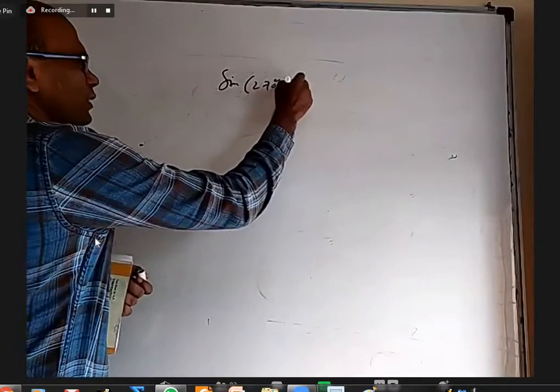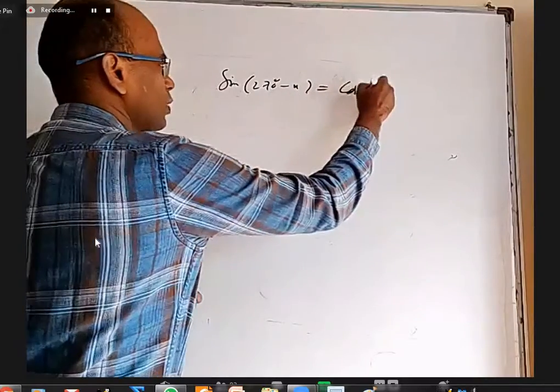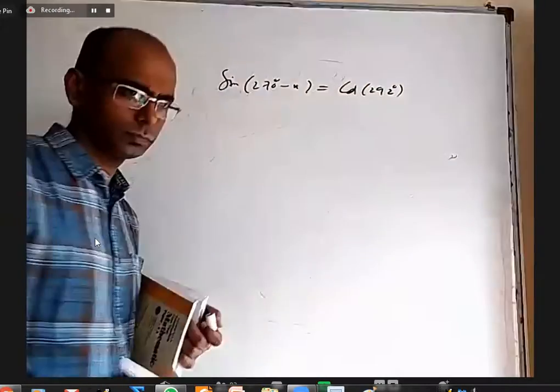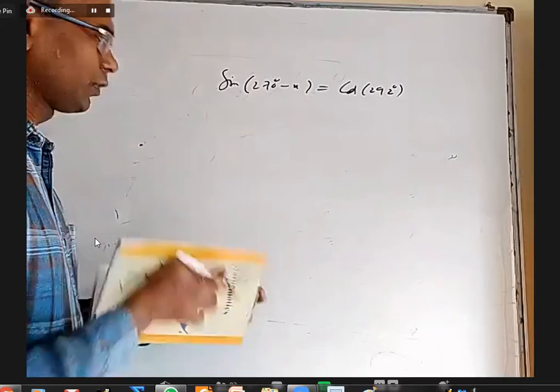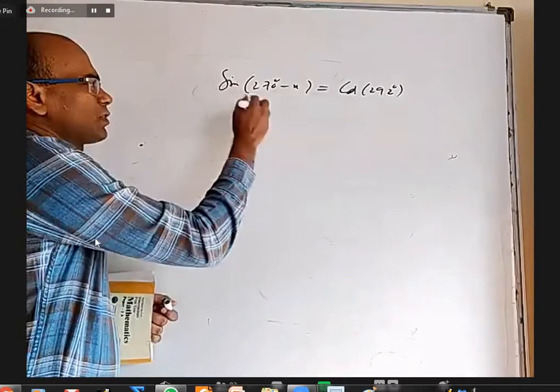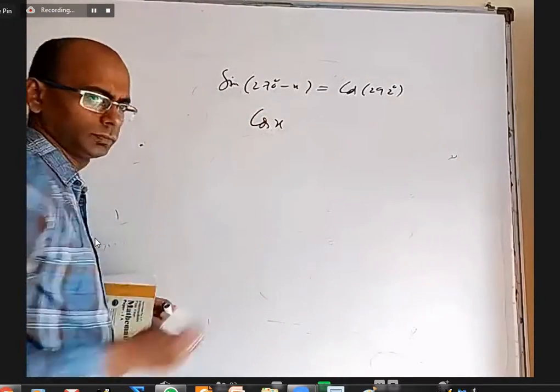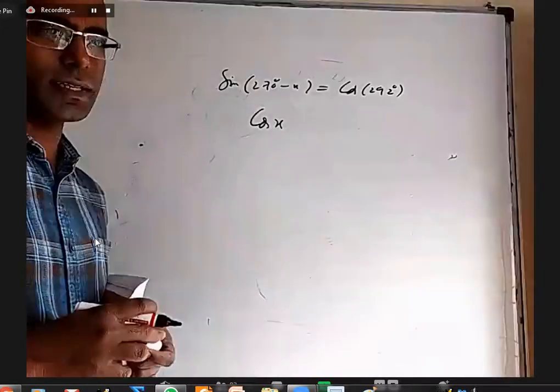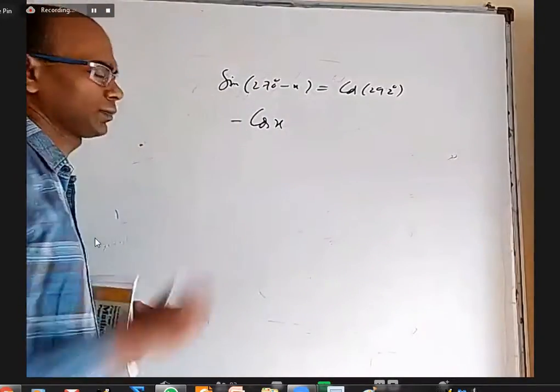Sine 270 degrees minus x is equal to cos 292. We know this is odd multiple of 90, so this will become cos x. And 270 minus is third quadrant, so minus cos x.